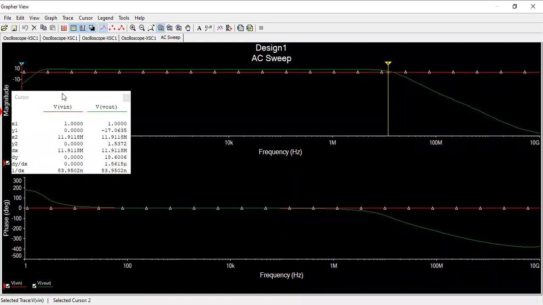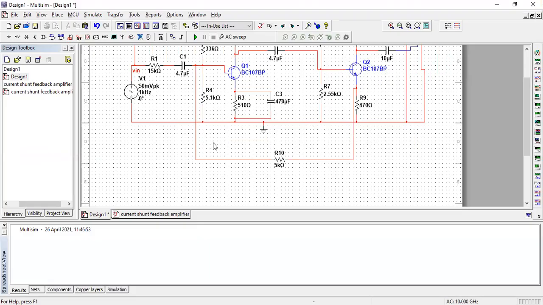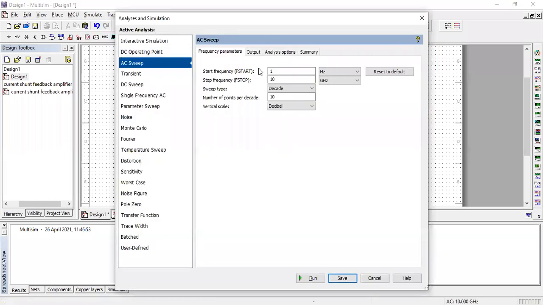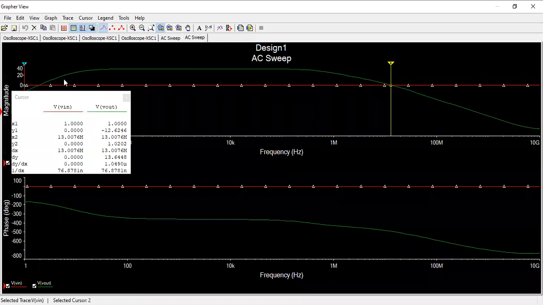So without feedback, I'll execute the same circuit. What is the gain you are getting? I'll remove this end. I'll go to simulate, analysis, AC sweep. I'll run and see what is the gain. Show your cursor.